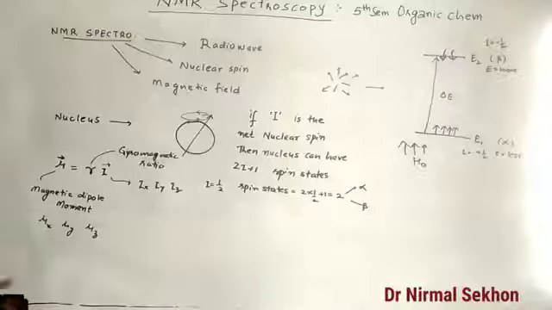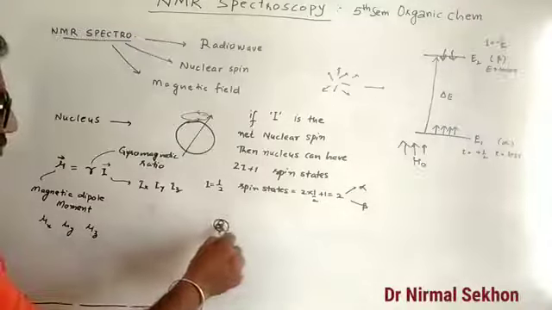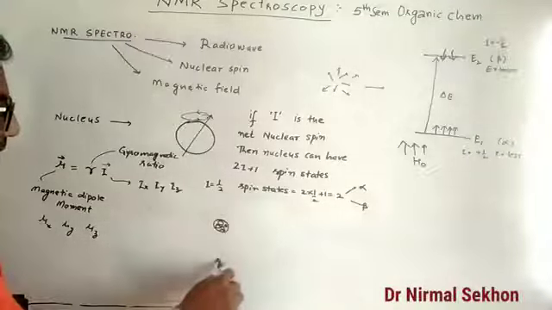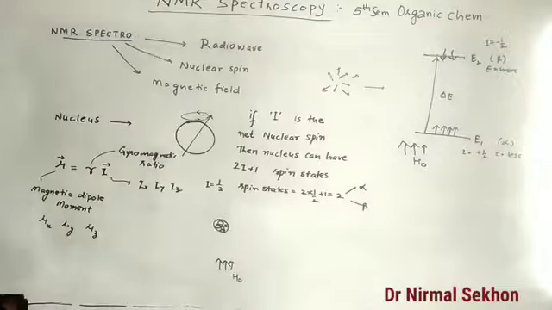So we can write mu like this, because suppose here is the nucleus which contains protons and neutrons, and when we apply an external magnetic field, we can apply it along the x-axis, y-axis or z-axis, because it is a vector quantity.